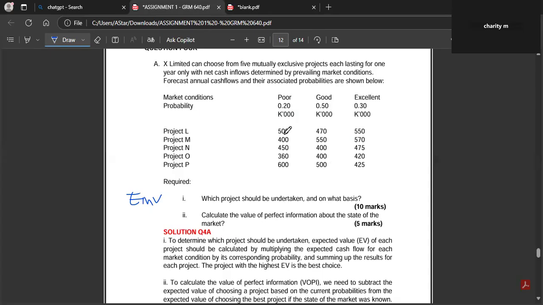Okay. Yeah, so we are going to have the projects. The first one is 500 for poor. You've seen for poor there, 500. Then we have the good and excellent. So 500, 470, 550, 400, 550, 570, 450, 400, and 475, 360, 400, and 420, 600, 500, and 425.